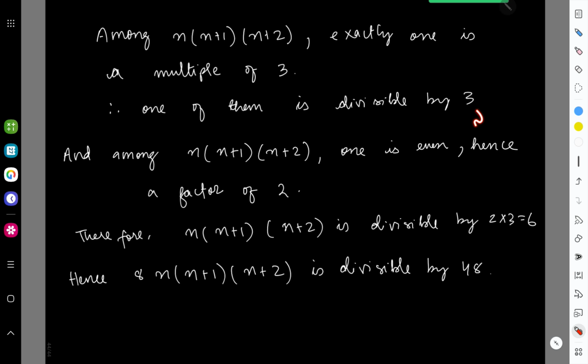Therefore, one of them is divisible by 3. And among n, n plus 1 and n plus 2, 1 is even, hence is a factor of 2. Therefore, the product is divisible by 2 times 3, which is equal to 6. Hence, if this is divisible by 6, then this whole expression is divisible by 48, because I already have 8 here, and we know that 8 times 6 is equal to 48. That is how we will conclude question number 11.